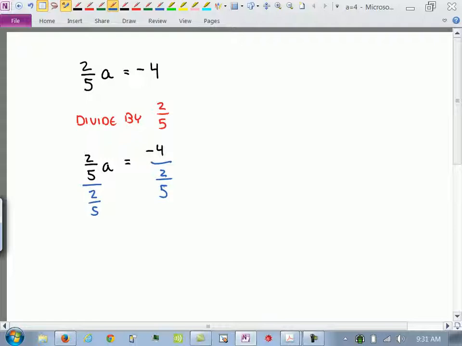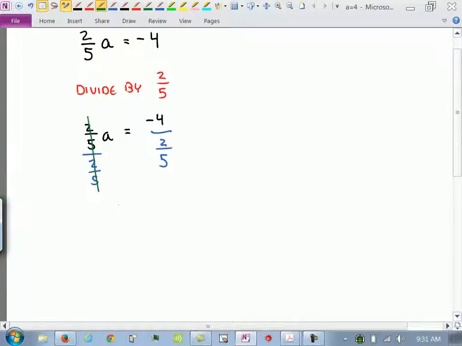Now on the left side, anything divided by itself should be 1, right? So we should just get these two to cancel out and become a 1, and that will leave us with an A on the left side. No problem, I think, right? It's the one on the right that causes the trouble. And it's very natural. If you're confused by that, join the club. A lot of people are.